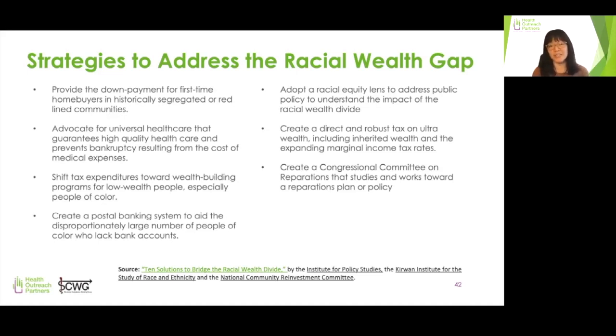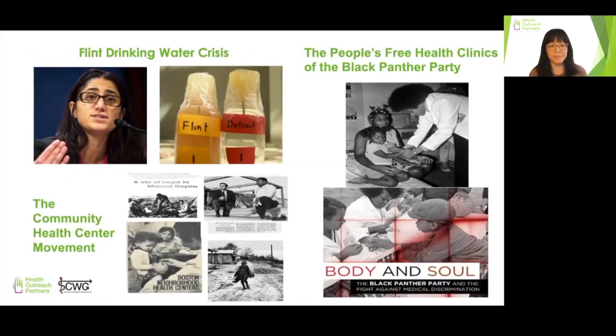You see this actually happen a lot around the world. And again, using racial equity lens in any kind of policies that are being proposed that really impact things like this racial wealth gap, and perhaps creating a congressional committee and having that conversation about reparations. If you can move on to the next slide.